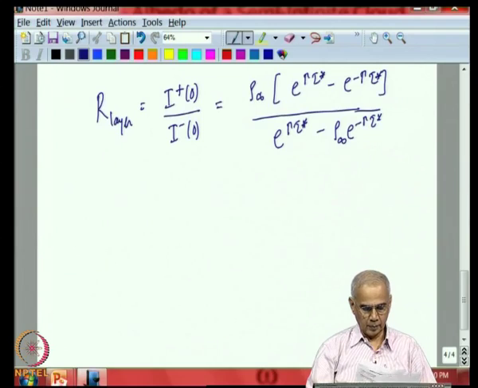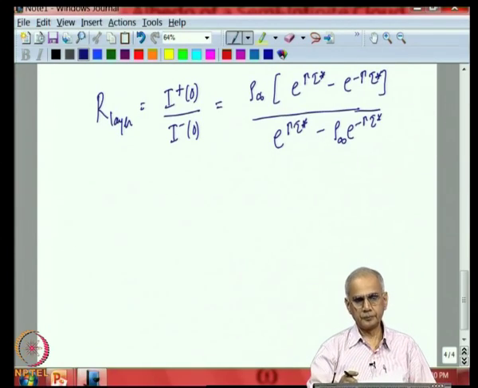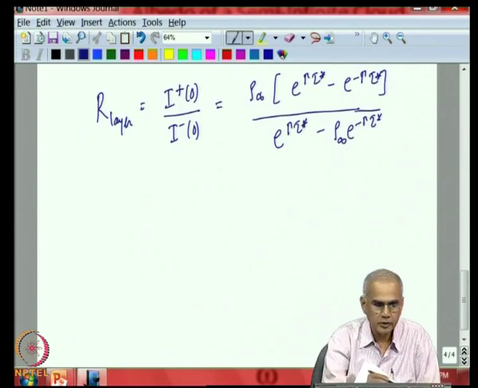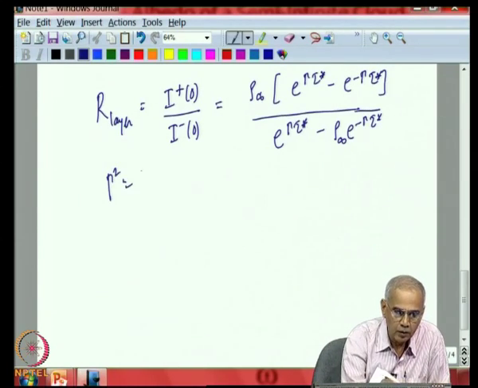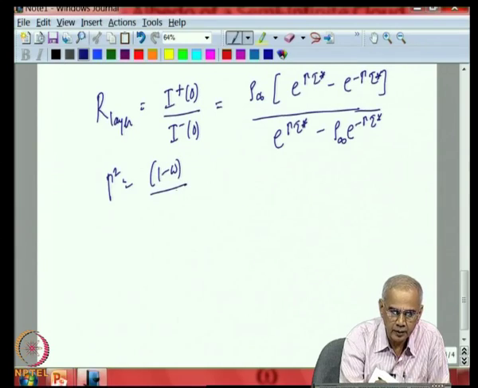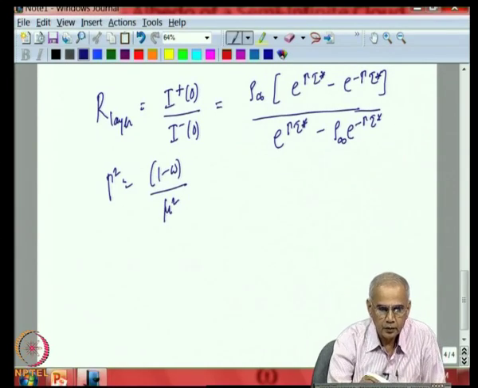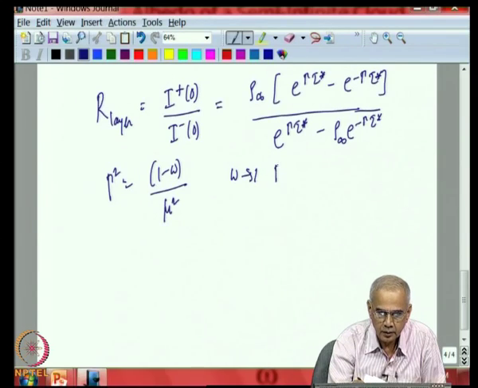If you recall, gamma was related to the single scattering albedo. Gamma squared, if you recall, was 1 minus omega by mu squared. So, if omega tends to 1, then gamma tends to 0.